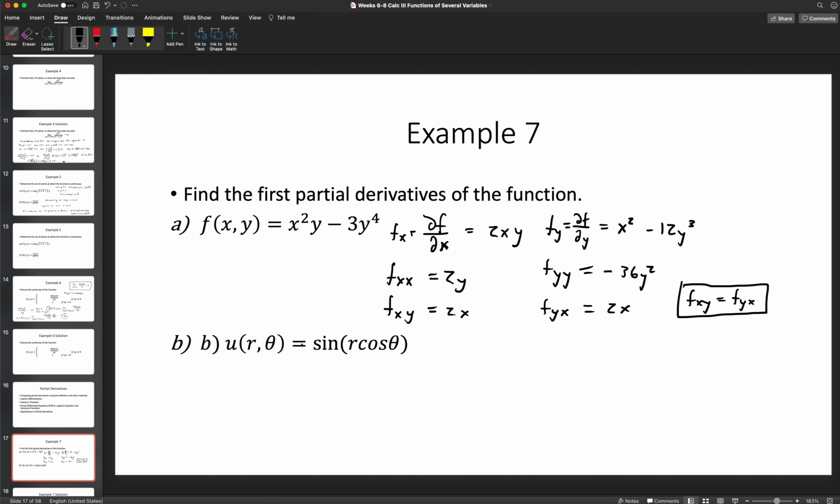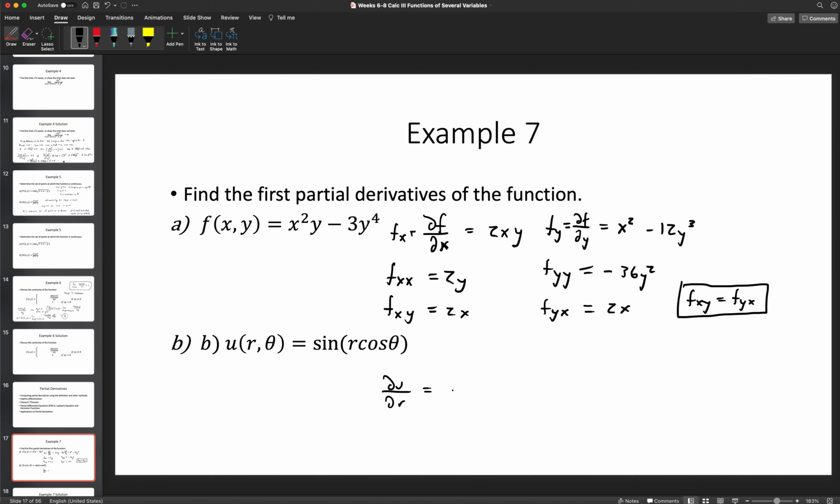Let's look at B. B is we're trying to find the partial of u with respect to r. So let's take a look at that. We have a composition of two functions. We hold theta constant in this case, and we have to use the chain rule here.